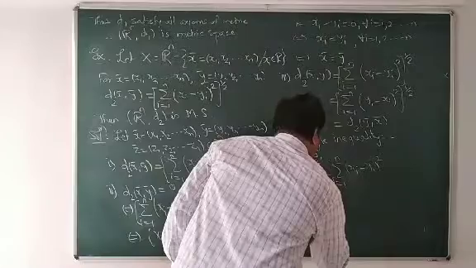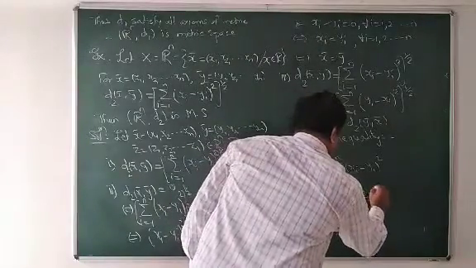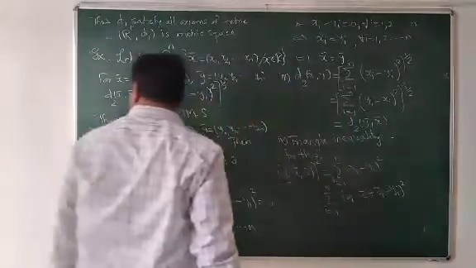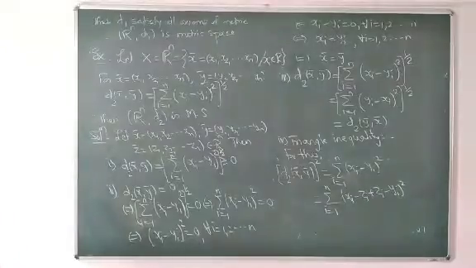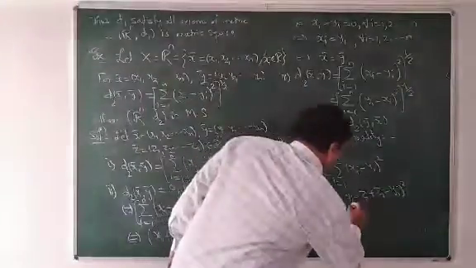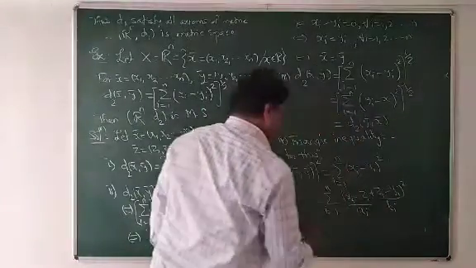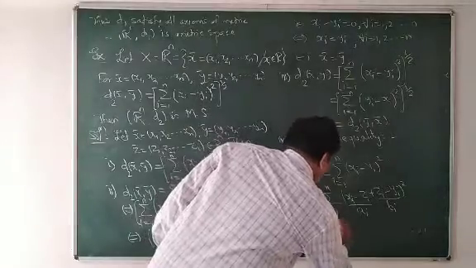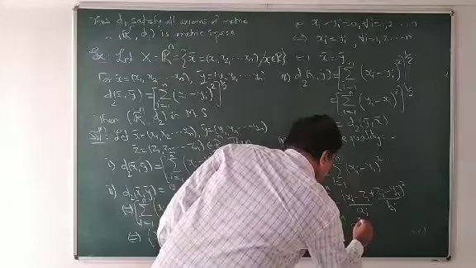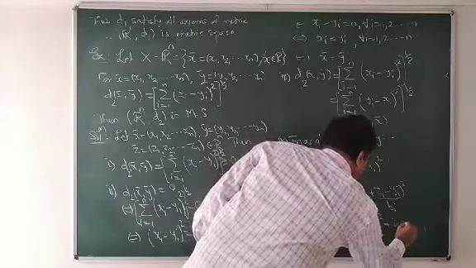Summation of i equal to 1 to n, xi minus zi plus zi minus yi, its square. Now I will take this xi minus zi as ai, this as bi, then this is equal to summation of i equal to 1 to n, ai square plus bi square plus 2 times ai bi.